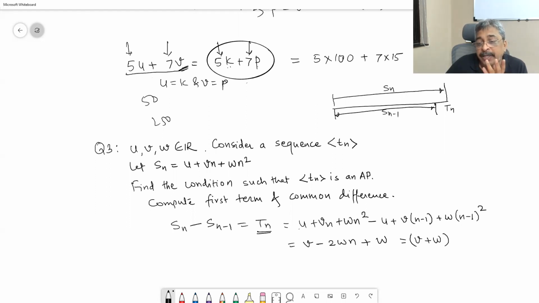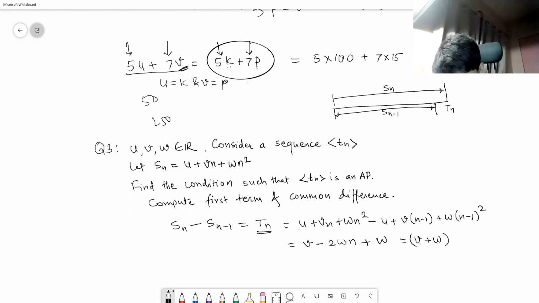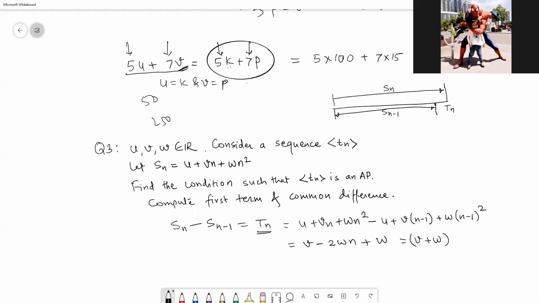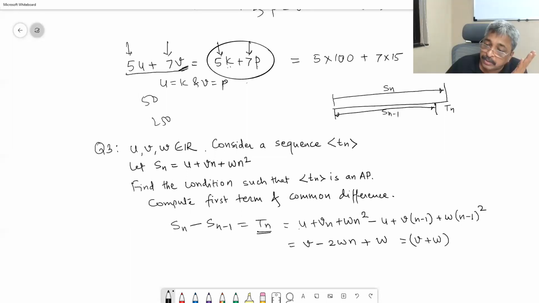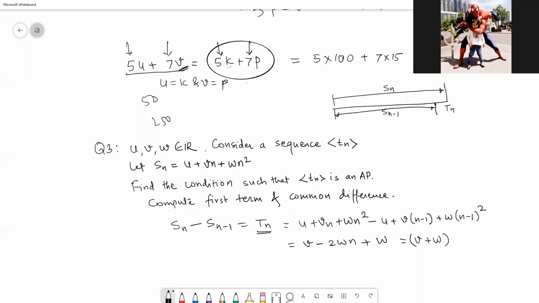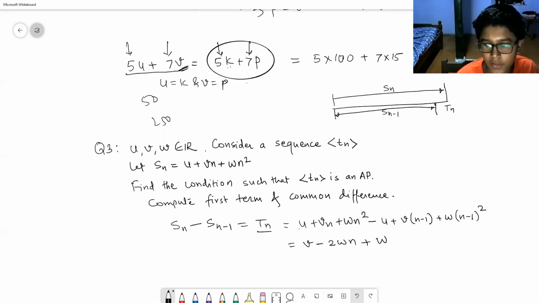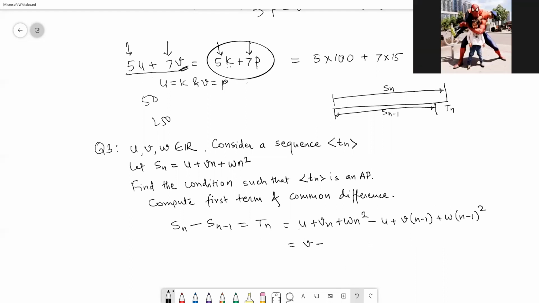Is it going right? Yes. So we minus W. Minus W. Yes, sir. Oh, I'm lost somewhere. Sir, I guess in the first equation it would be minus V into n minus 1. Yes, sir, and minus W into n minus 1 the whole square.